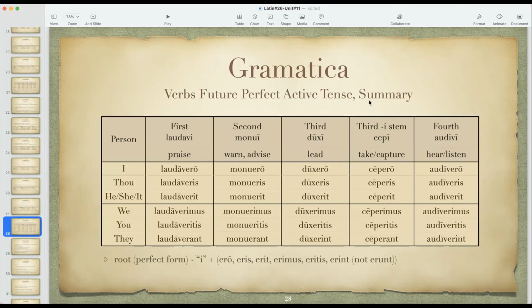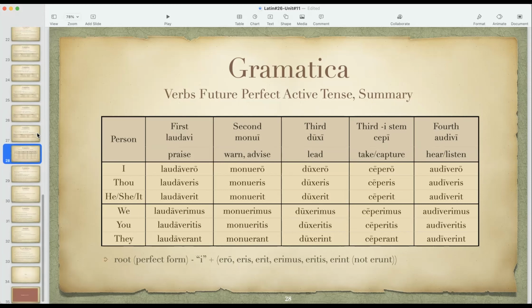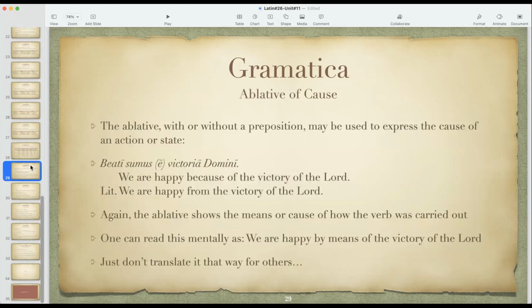Any more questions on the future perfect or the pluperfect? All right. Let's see what I put here. The ablative of cause. One of these days I'm going to say ablative because I'm thinking of heat shields on the Orion.